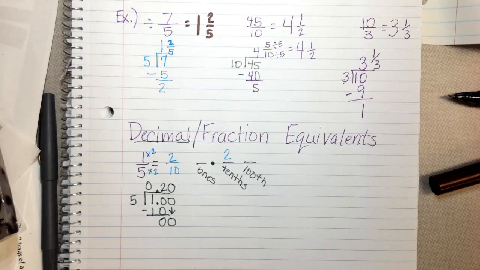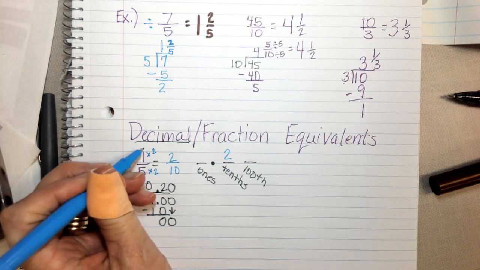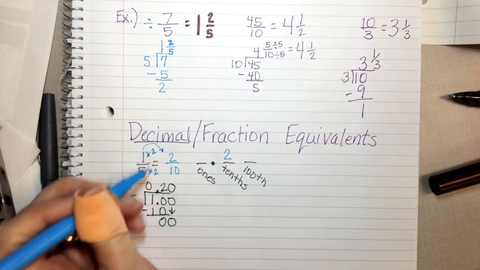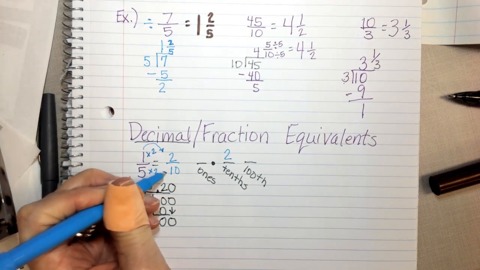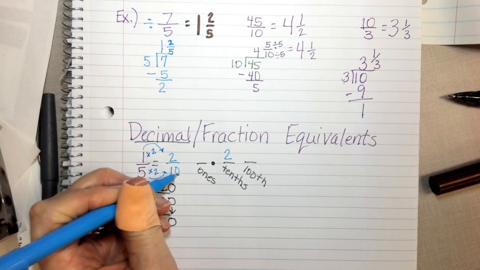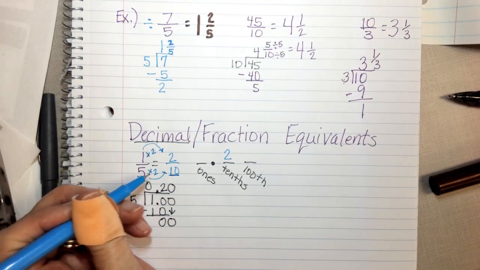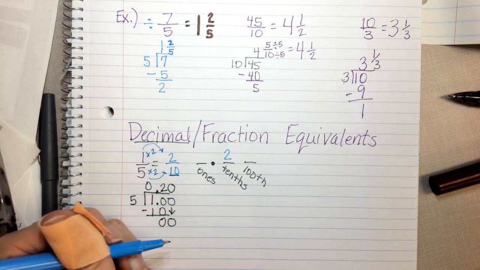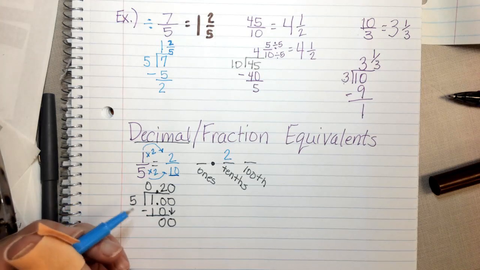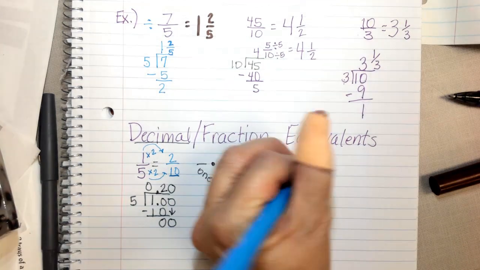Did I have to divide? No. Did you see what I did? I multiplied the top number by 2 and the bottom number by 2, because what is this number right here? 10. Do I have a 10th place? Yes, I do.